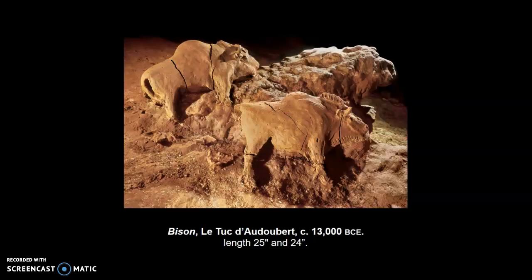Now, this is the slide that gives you a little more proof that the fact that they were painting these really simplistic, stylized animals doesn't mean that was all they were capable of doing. You can see here, this is clay that's been mushed up into the form of at least two bison, and there's a lot of fine detail here.